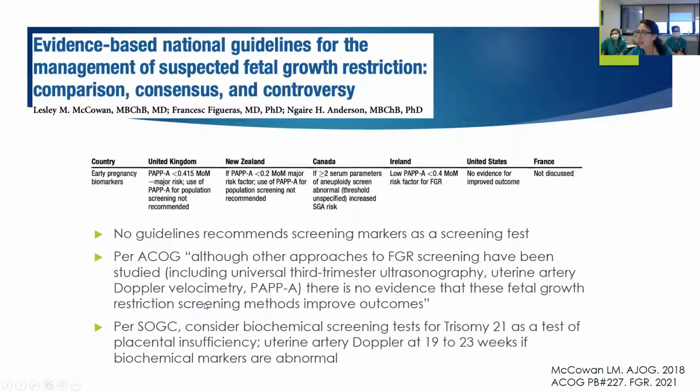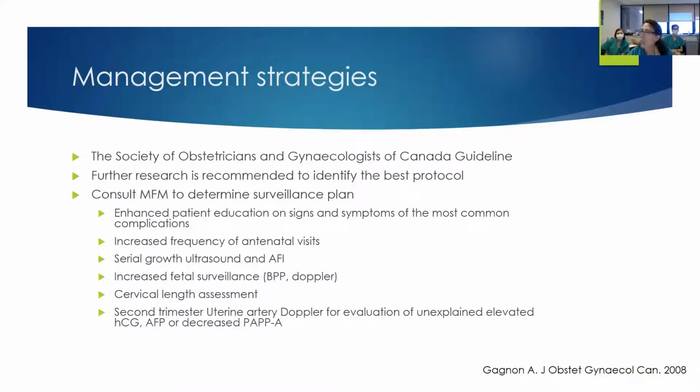For the Canada guidelines, they consider biochemical screening tests for trisomy 21 as a test for placental insufficiency. And they do recommend uterine artery Dopplers at 19 to 23 weeks if those biochemical markers are abnormal. This is also from the Society of OBGYN from Canada. They mentioned that further research is recommended to identify the best protocol when someone has abnormal serum markers.